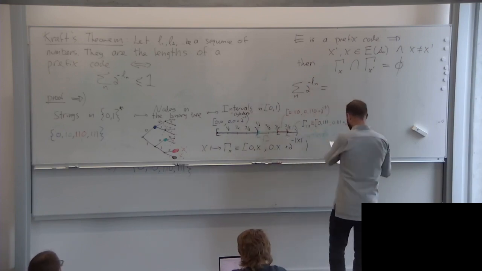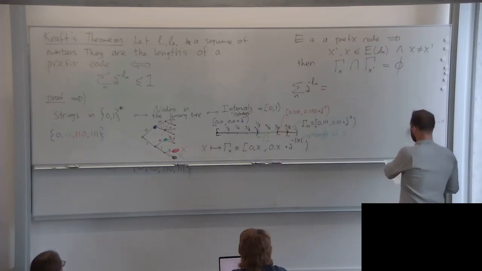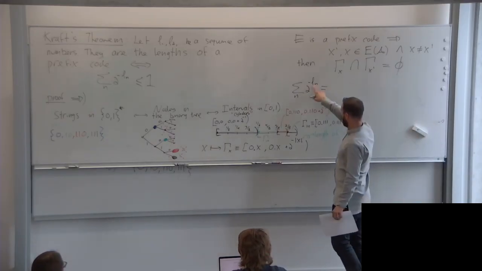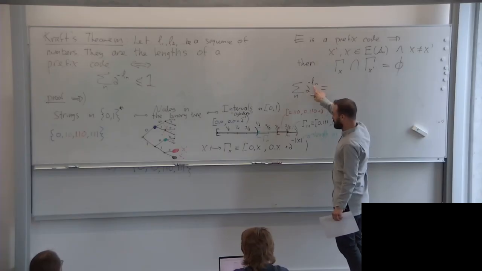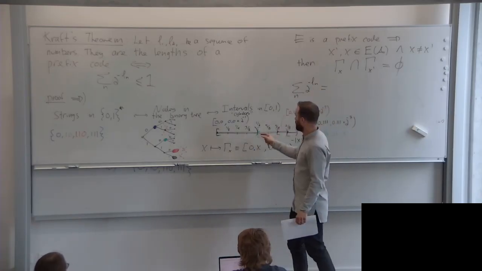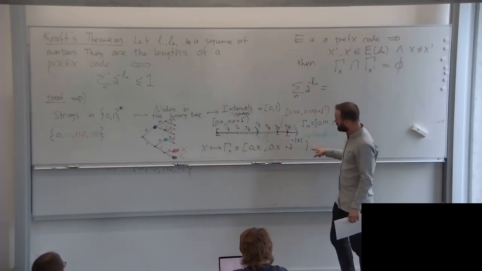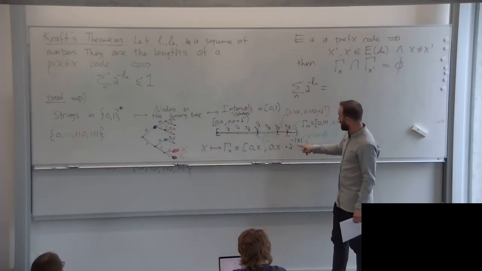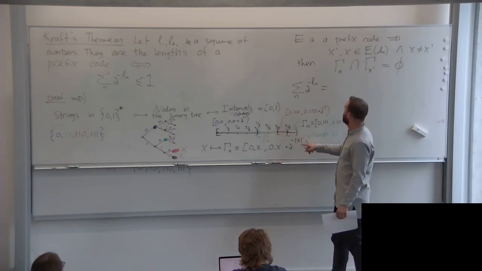It's equal to, well, the length of the code word is precisely the same as the length of the interval, right? Because of this definition here, if we look at a generic interval, it has length 2 to the minus length of x.